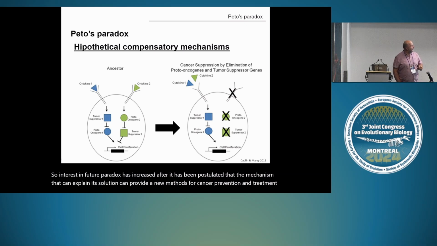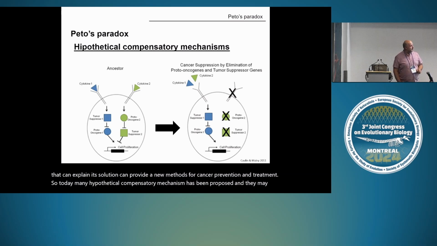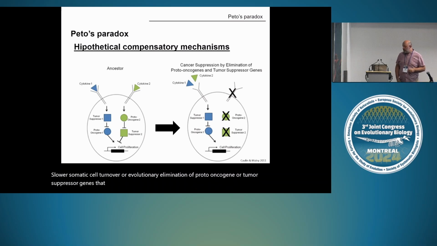So today, many hypothetical compensatory mechanisms have been proposed, and they may include, for example, slower somatic cell turnover or evolutionary elimination of proto-oncogenes or tumor suppressor genes that may undergo cancerogenic mutations.